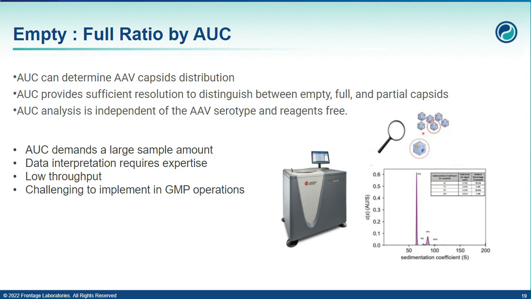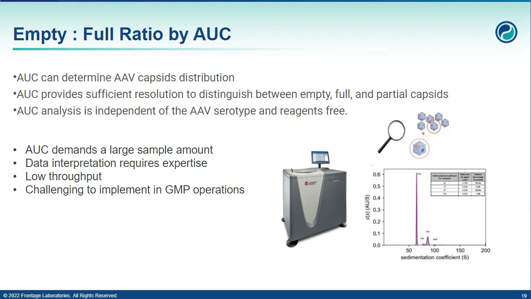The advantages of the AUC method include that AUC can determine AAV capsid distribution and provides sufficient resolution to distinguish between empty, full, and partial capsids. AUC analysis is independent of the AAV serotype.